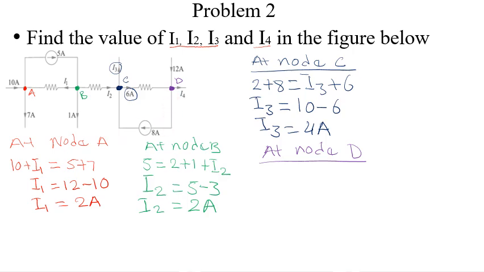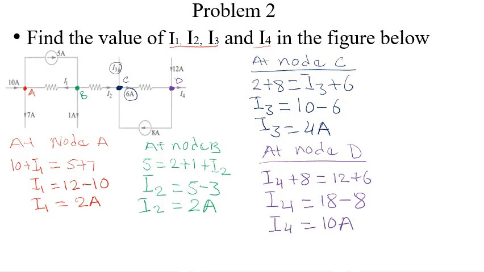So let us sum them up. Those that are leaving are I4 plus 8 is equal to our 12 plus our 6. So 12 plus 6 gives us 18. So our 18 here, we say I4 here is equal to 18 minus 8. So finally, we get our I4 as 10 amps.